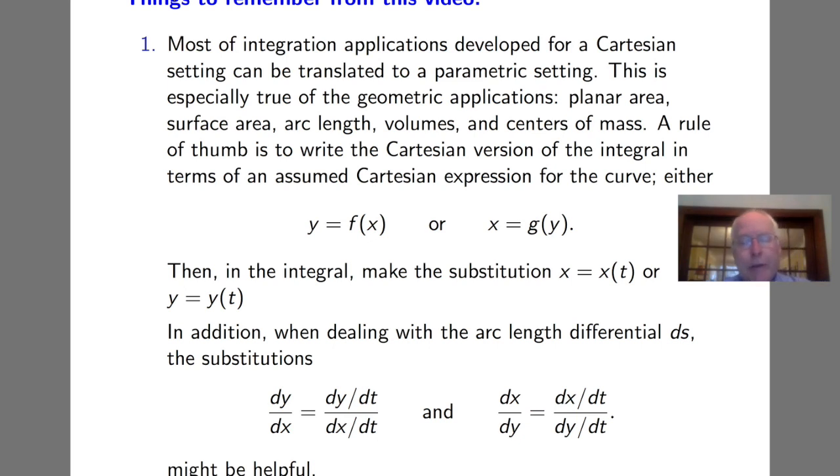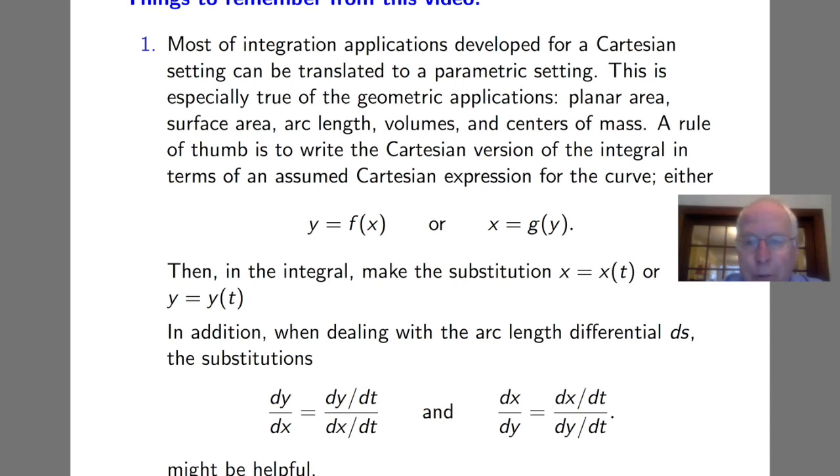So the main idea in this video is that we can often start with Cartesian expressions for volume, area, also surface area, arc length, centers of mass. Most of these geometric applications we learned in a Cartesian setting can be adapted to a parametric setting.